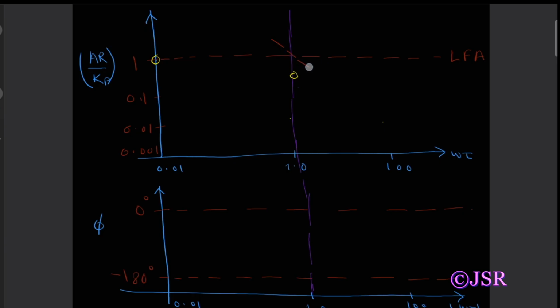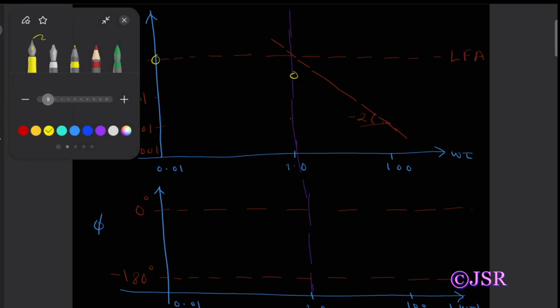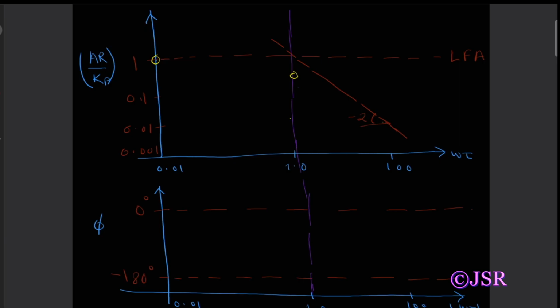So you will have high frequency asymptote with the slope of minus 2. So using this information, now we can plot the gain plot like this.